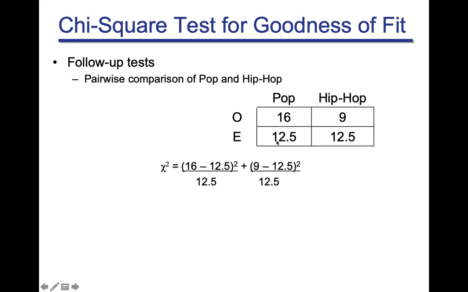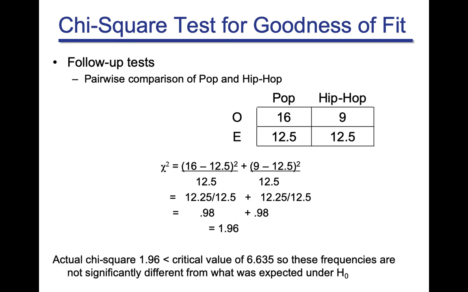Once we've done that, we just calculate our chi-square statistic in the same way. Following through with the calculations, we get a chi-square of 1.96, which does not exceed the critical value of 6.63 that we previously established. So what we can say is that the difference between what we observed and what we expected is not large enough to reject the null hypothesis.